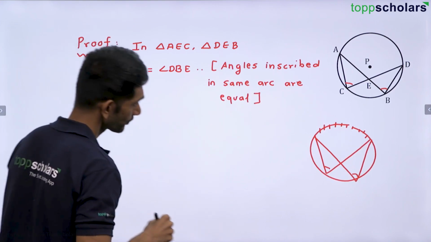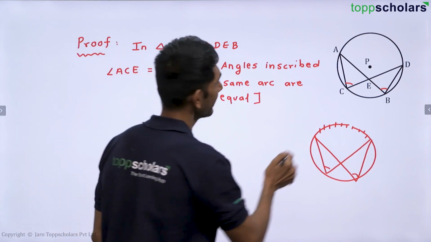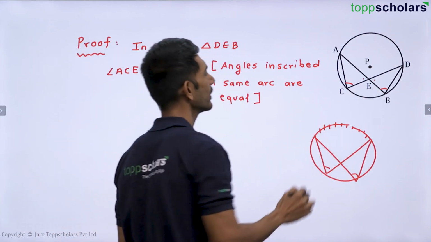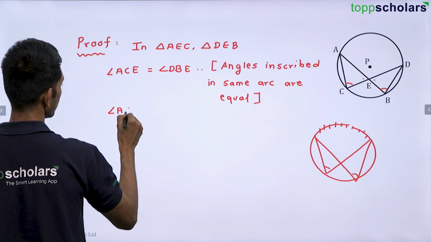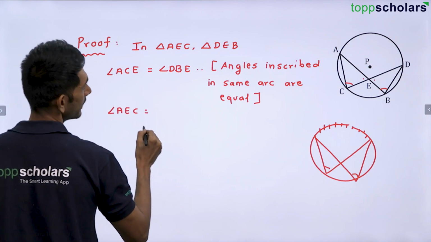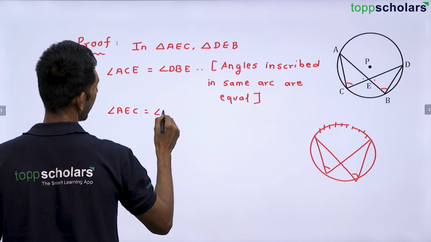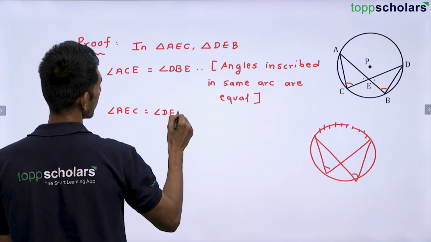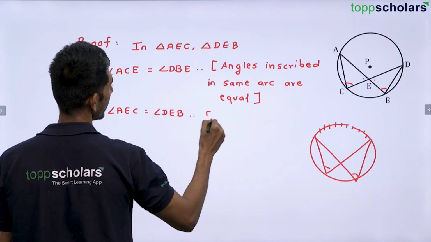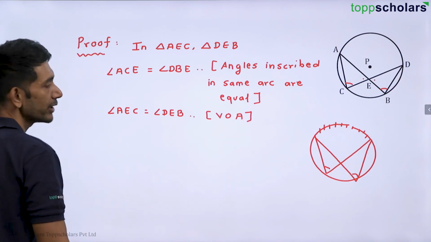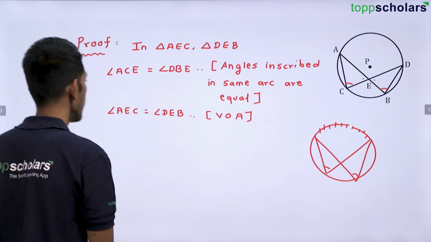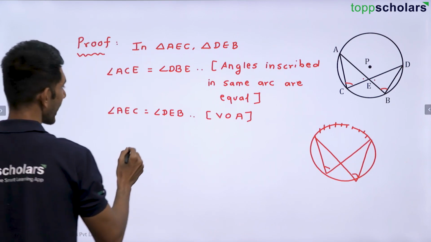Not only that, can I say these two vertically opposite angles are equal? Angle AEC is equal to angle DEB. Why? Because they are vertically opposite angles, and we know that vertically opposite angles are always equal. Now can I say the two triangles are similar?